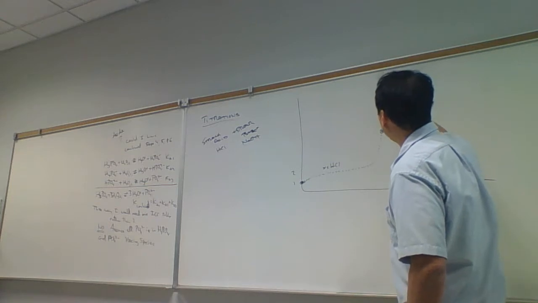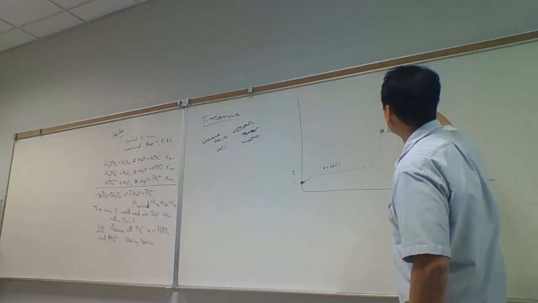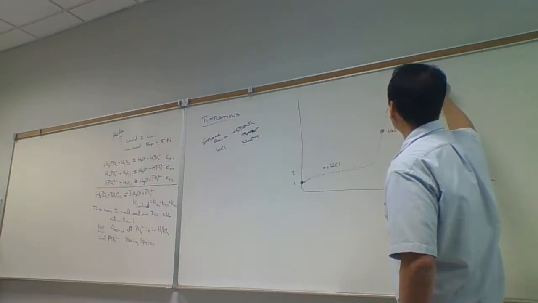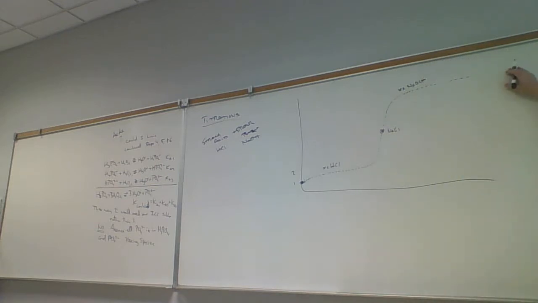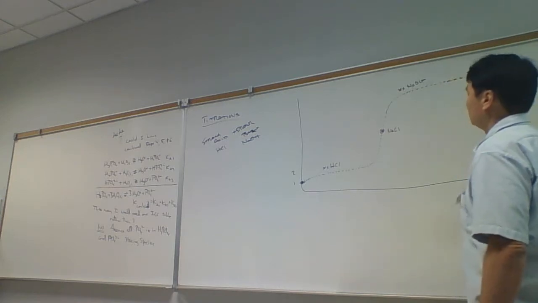Once we've neutralized all the acid, we have excess base. If we have excess sodium hydroxide, the pH is very high, and it's going to plateau out. It's not going to get all the way to 13 or 14 because of solution dilution. But this is what the pH titration curve looks like.